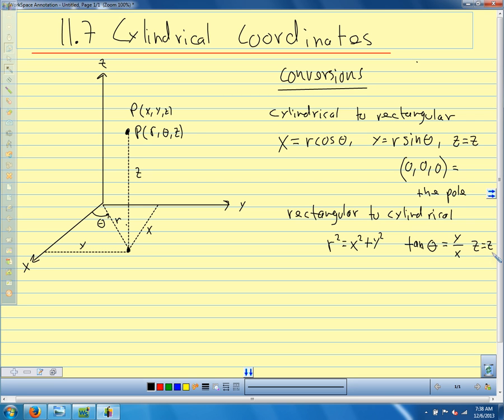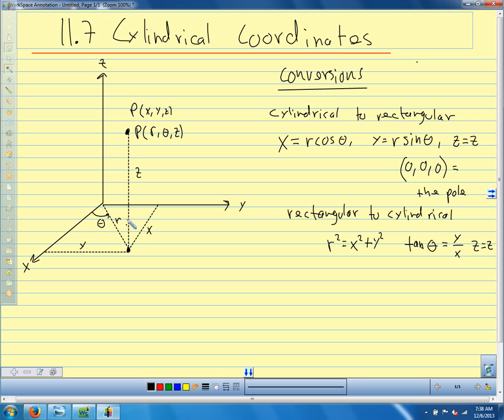Cylindrical coordinates are nice. They're useful when we have some kind of surface that has circular symmetry about an axis. That's when we'll use cylindrical coordinates.